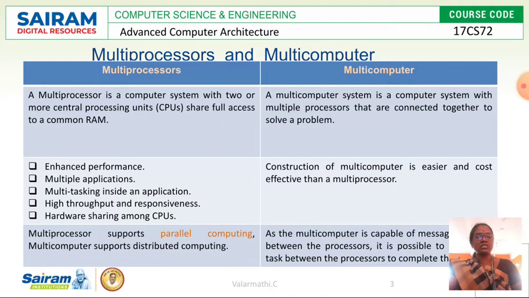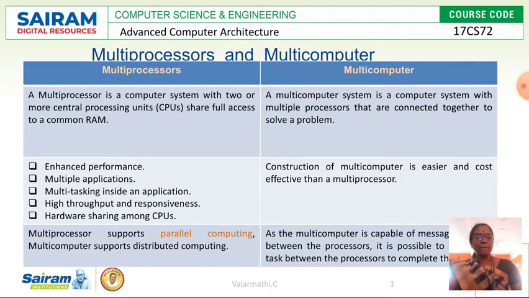Before going to this topic, we need to understand the basic difference between a multiprocessor and a multicomputer. We have already studied this topic in Module 1, but we will have a quick review of its comparison. A multiprocessor is a computer system with more than one CPU. That means a system which has more than one processor is called a multiprocessor system.